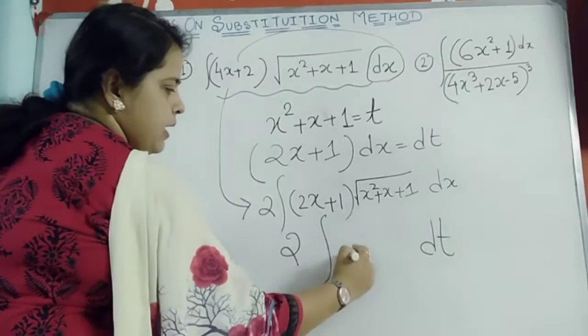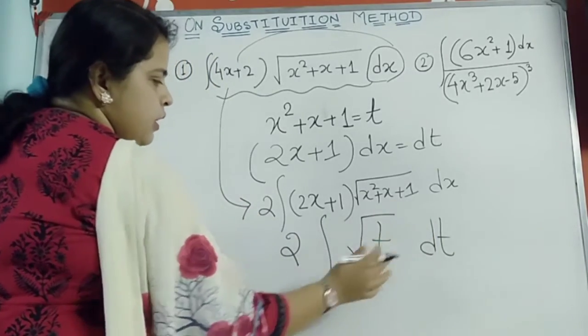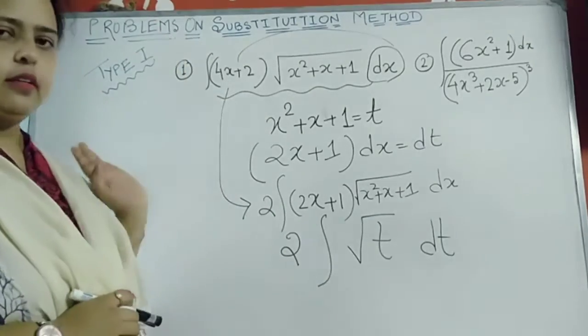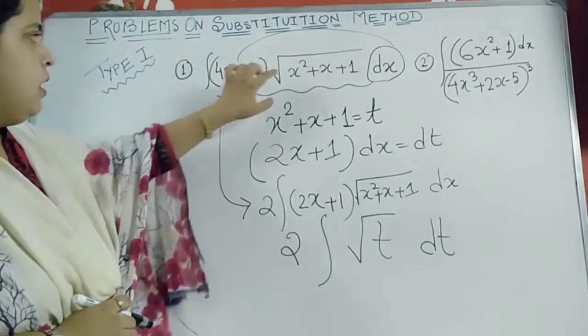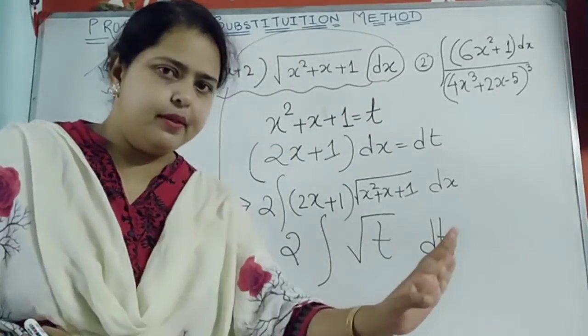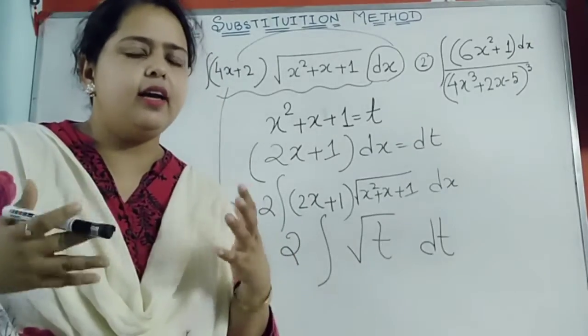And this is becoming root over t. Now please have a look till this point. This is substituted as t. Someone can even take t square, no problem in that. Okay, it's your choice.